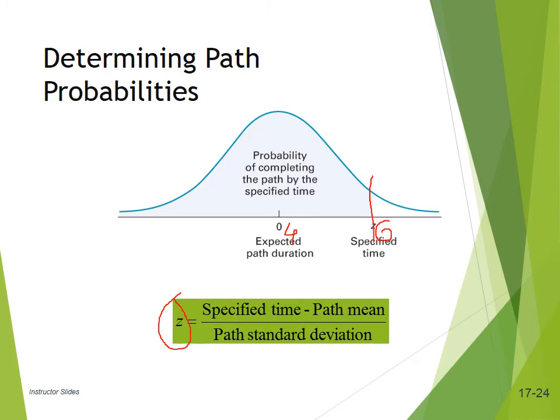If you go to the probability table, that will give you the probability of this shaded region. Say it gives you a probability of 0.85, or 85% chance of the project being completed within a specific time limit.